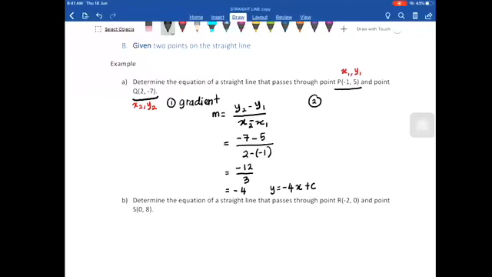Macam mana kamu tahu x-intercept tak sama? Kamu tengok soalan tu. Determine the equation of a straight line that passes through point P and point Q. Jadi adakah point P dan Q berada di atas straight line tersebut?